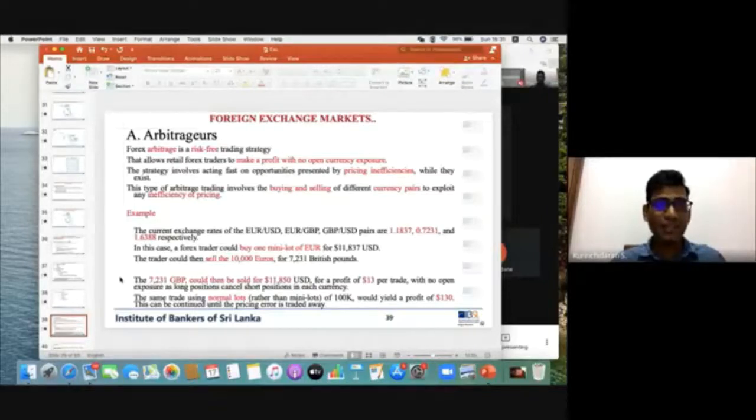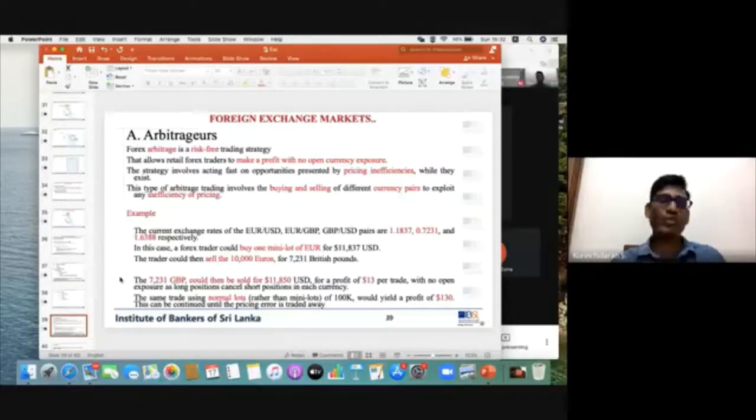This allows a retail forex trader to make a profit with no open currency exposure. Now you have to understand one key point here: this arbitrage allows a retail forex trader to make profit.